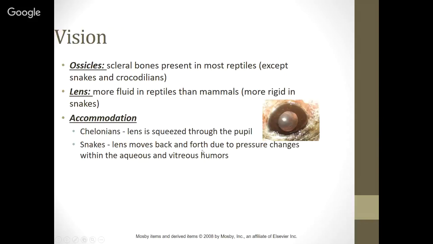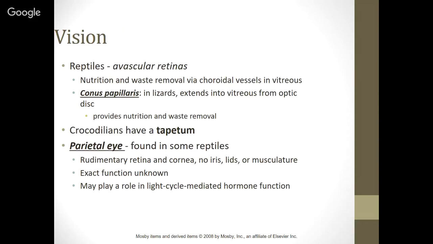With snakes, the lens moves back and forth due to pressure changes within the aqueous and vitreous humors. So it's not really controlled necessarily by the muscles or the ciliary bodies. It's actually controlled by the pressure changes within the eye. Reptiles have avascular retinas, meaning there's no blood supplied to the retinas.